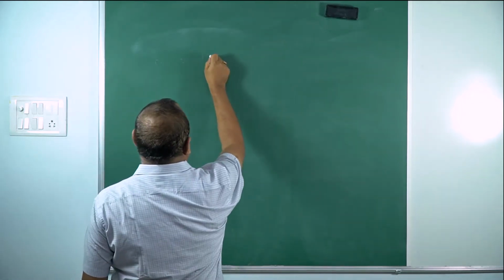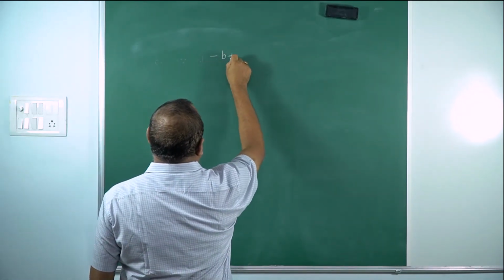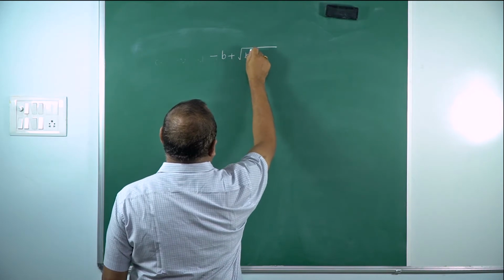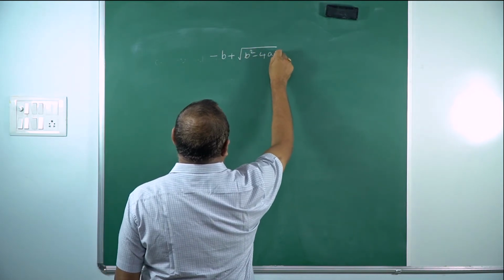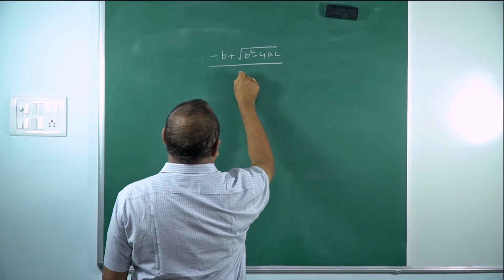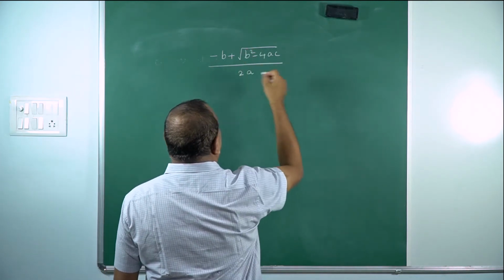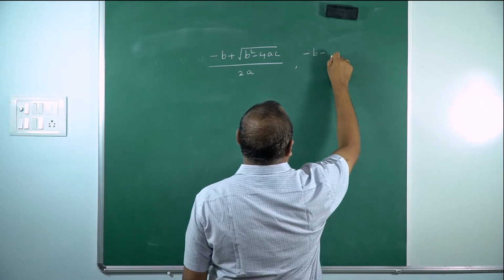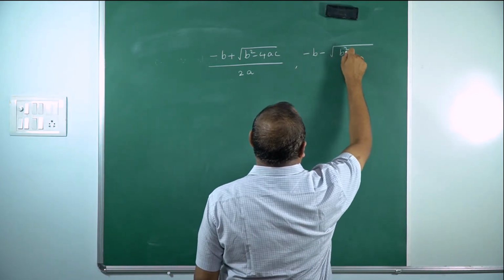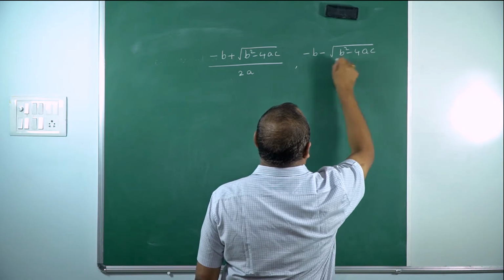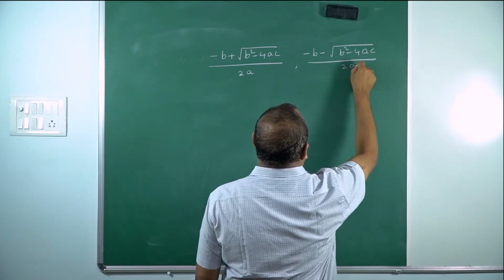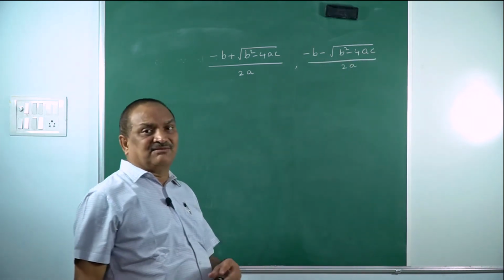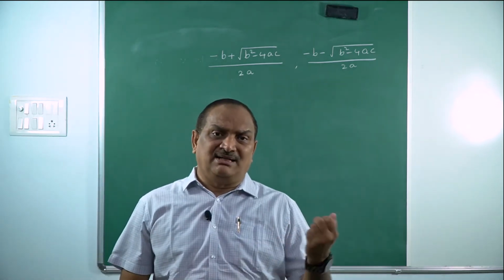I have 2 roots I got: minus b plus root over b square minus 4ac by 2a. This is one of the roots. And there is another root when I take minus here: minus b minus square root of b square minus 4ac by 2a. So I separated the roots. Instead of writing plus or minus, I said plus once and minus once.